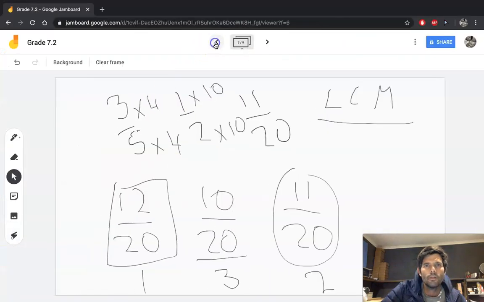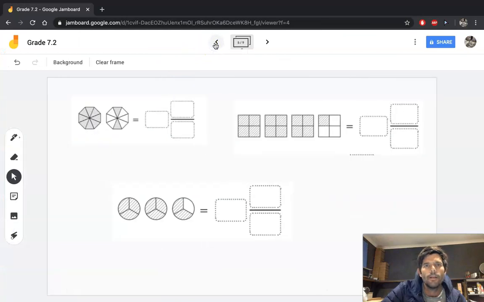If I show you these examples on the Jamboard, you can see that this whole shape has been shaded in, so we know that is one whole number, and there are 2 segments shaded in of the second shape, and that's 2/8. So that's what it would be as a mixed number.